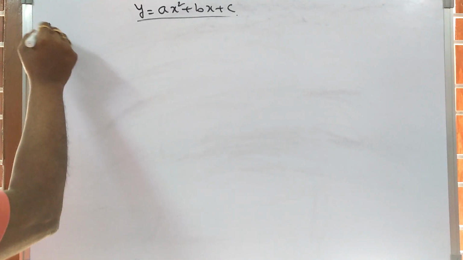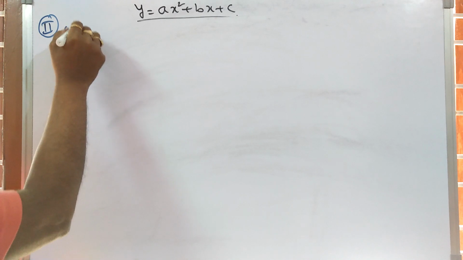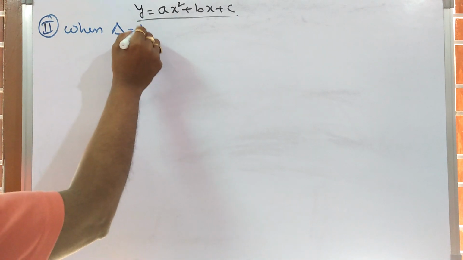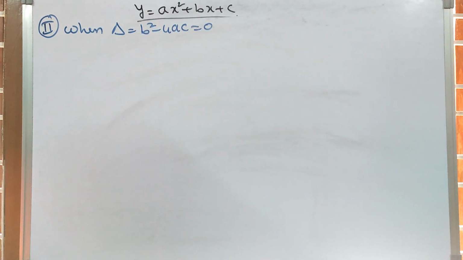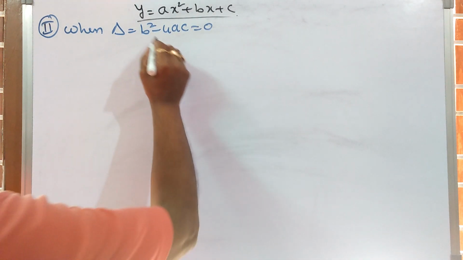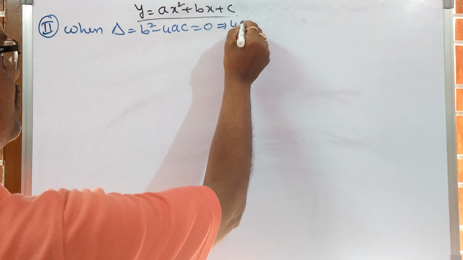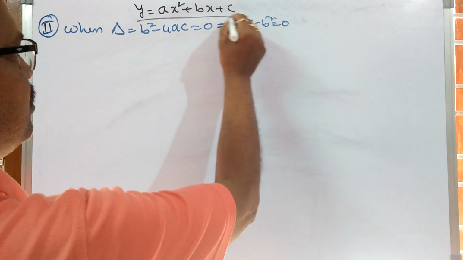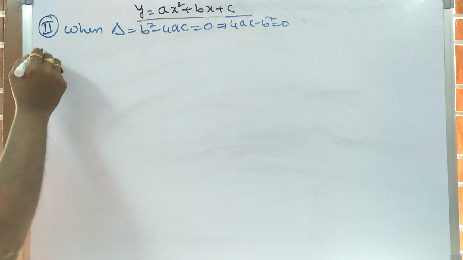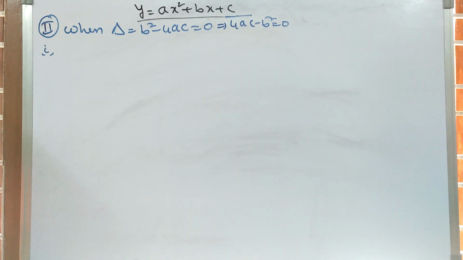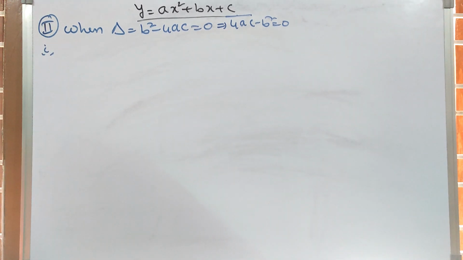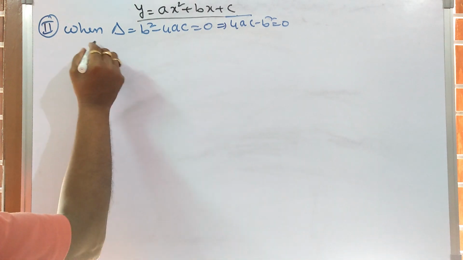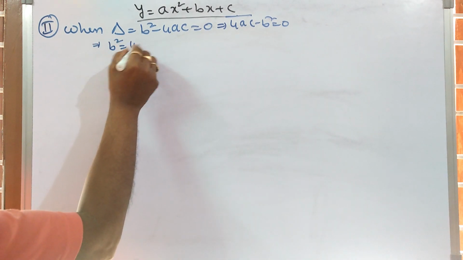Now the second case, when delta, b square minus 4ac, is equal to 0, what happens? Let us see. B square minus 4ac is equal to 0 means 4ac minus b square is also equal to 0. Here one more thing you have to remember: b square minus 4ac equal to 0 means b square is equal to 4ac.